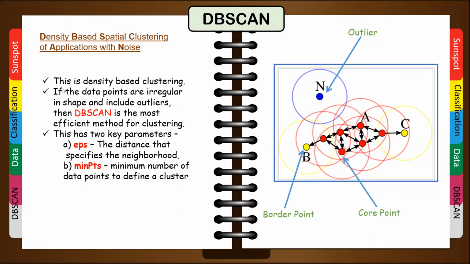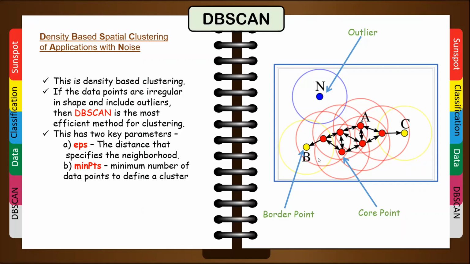From the name itself, density-based spatial clustering of applications with noise: density means it deals with dense data sets, spatial means it takes the values of the spatial positions of the data, and it also deals with noise.